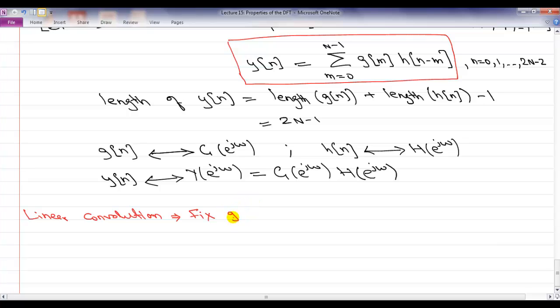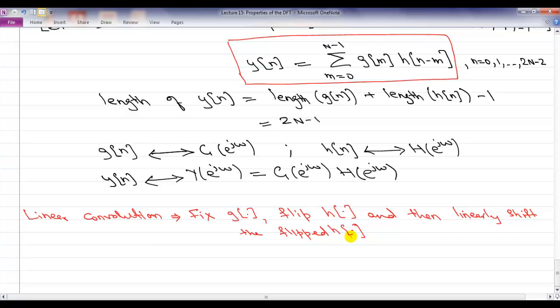The way it is written, fix g, flip h, and then linearly shift the flipped h. So that is what linear convolution graphically means: you fix one sequence, flip the other, and then slide or shift it.